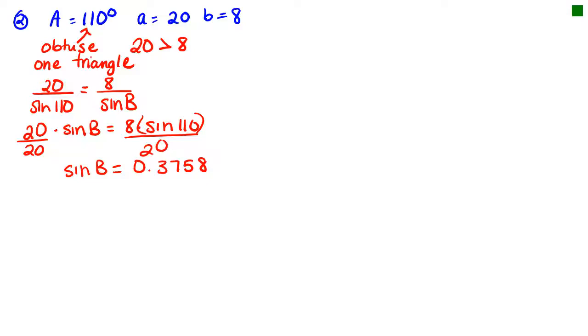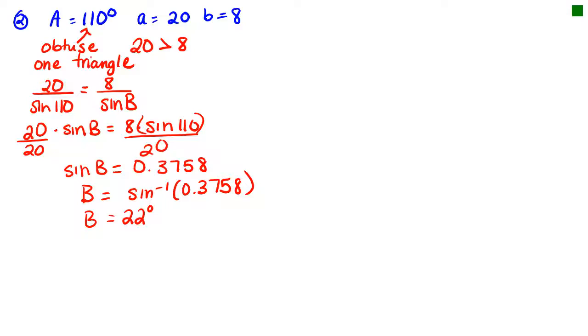To find angle B, if you remember, I'm going to do inverse sine. So B is inverse sine of 0.3758. So angle B is about 22 degrees.